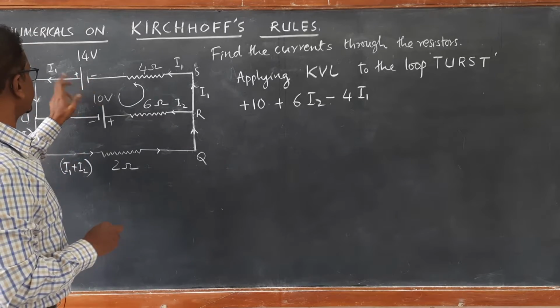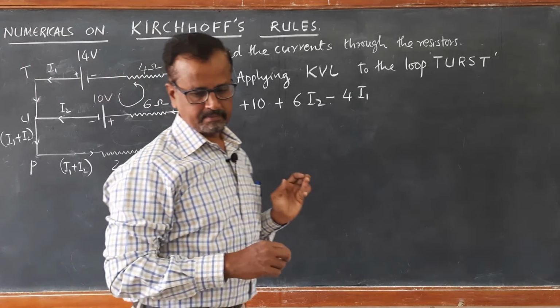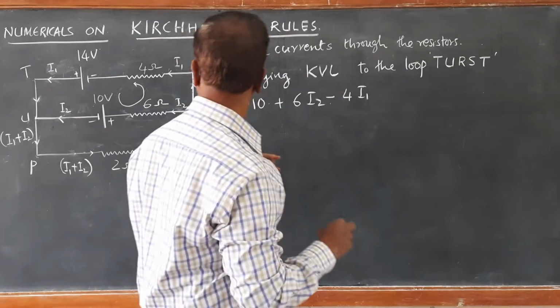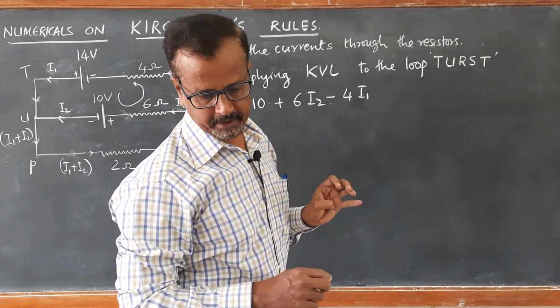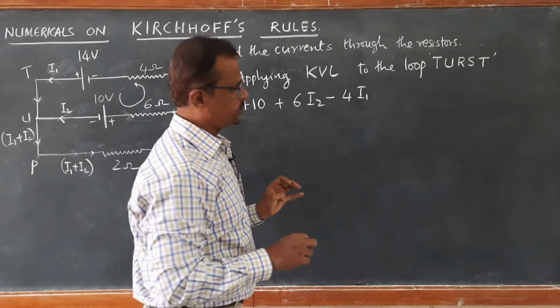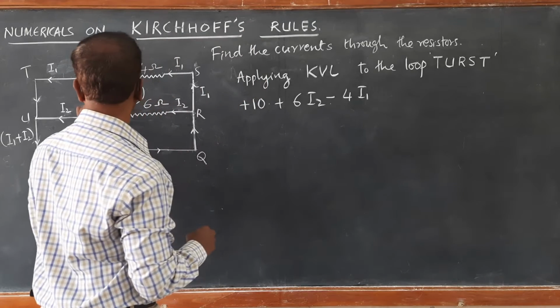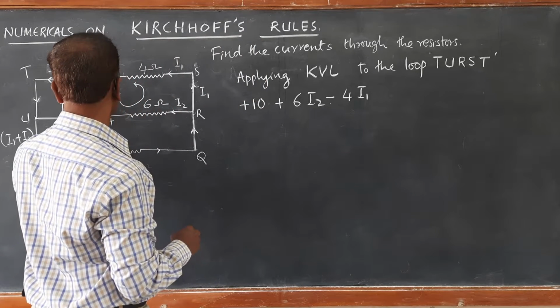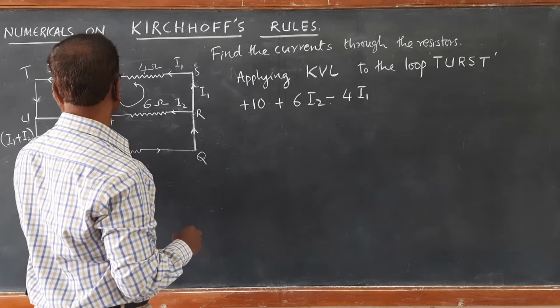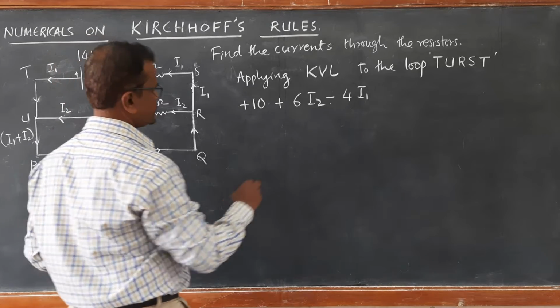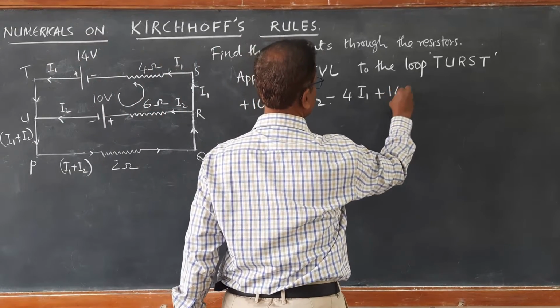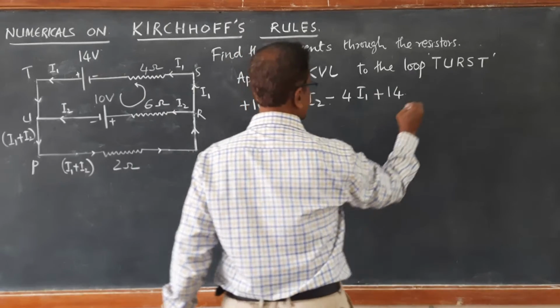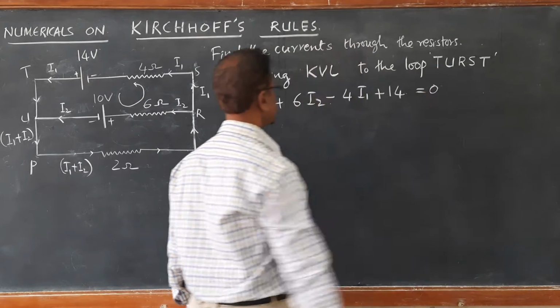Yes, 14. Again from negative potential to positive potential, there is increase in potential. Therefore, it becomes plus 14. If you add all these, you should get 0.